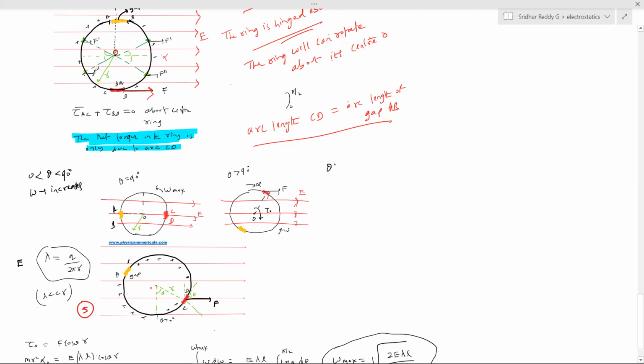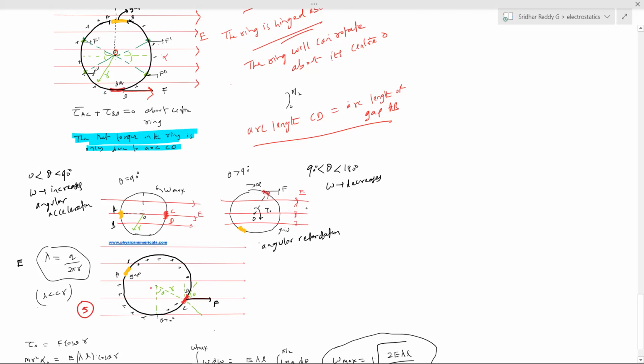Then next, omega decreases for theta greater than 90 degrees. So it starts decreasing because it will undergo angular retardation, not angular acceleration.